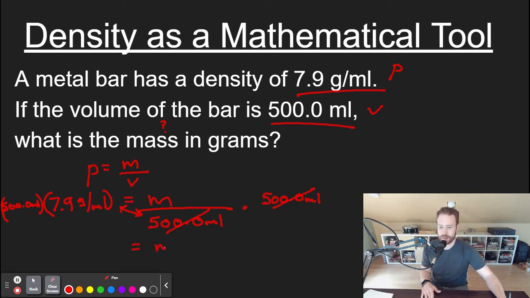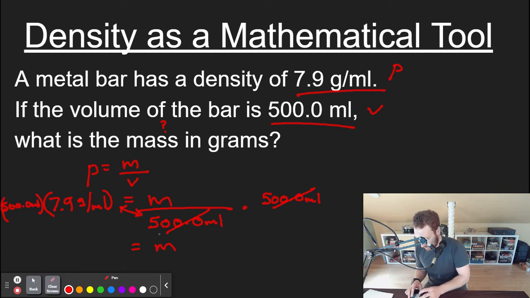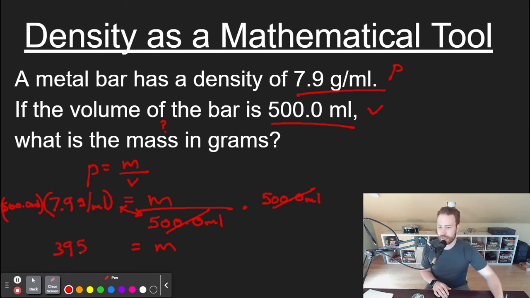That would leave us with mass equals 500 times 7.9, 3,950. Units are going to be in grams. That's a pretty good answer.